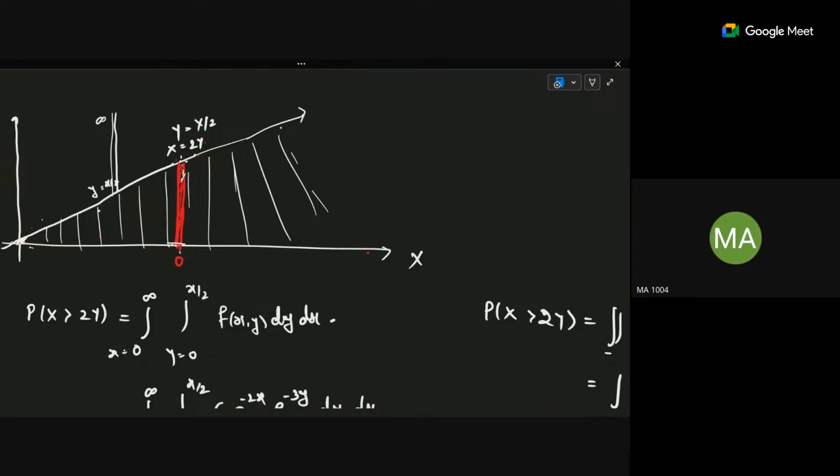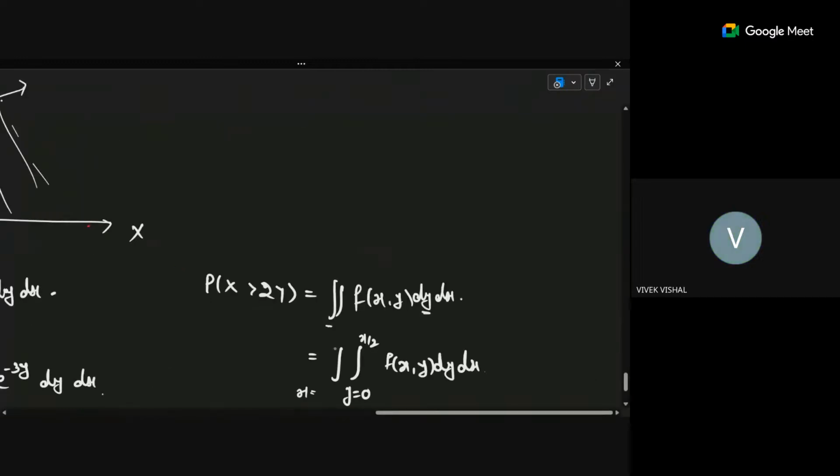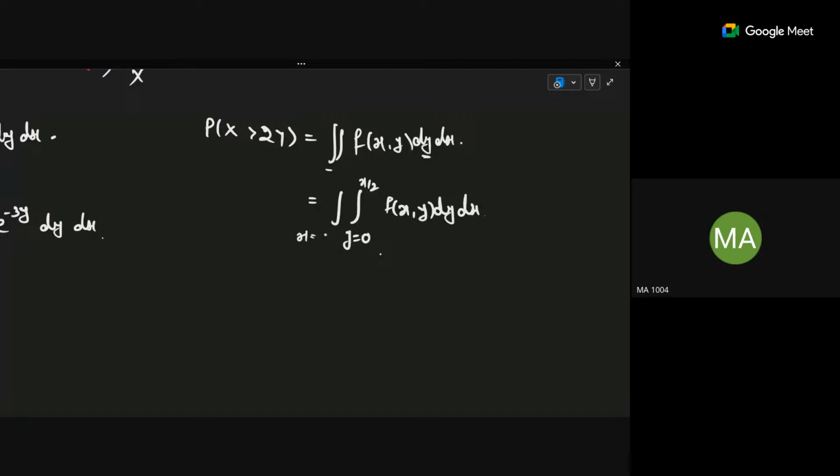So at leftmost, the value of x is what? 0. Why not negative infinity? Because we also have to consider the support of x and y, that is x greater than 0 and y greater than 0. So the leftmost value is x equal to 0 and the rightmost value will be infinity, right? So that's why the limits for x are 0 to infinity.